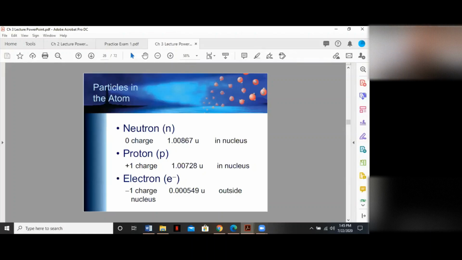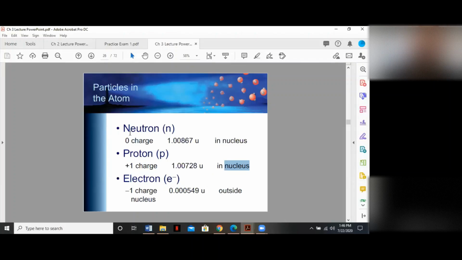The way these subatomic particles are located inside the atom is as follows. You've got a nucleus within the atom, which is the positive part. And why is it positive? Because it has the protons that are positively charged. And outside the nucleus, you've got the electrons floating around. The electrons are negatively charged. They are outside the nucleus.